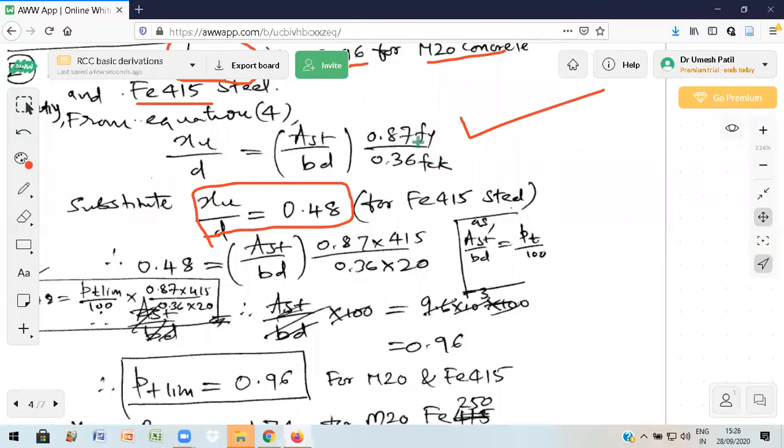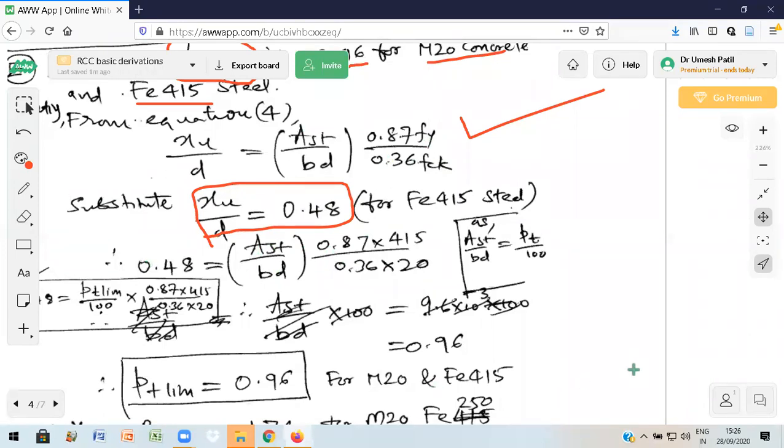Now see here, I'll start this equation. I'll write 0.48. I'll keep Ast by bd as it is here. I'll substitute all these values: 0.87, since fy is 415, this is 415; 0.36, and fck should be M20, so 20. Now the entire thing you should do is keep Ast by bd on one side and send the remaining on the other side.